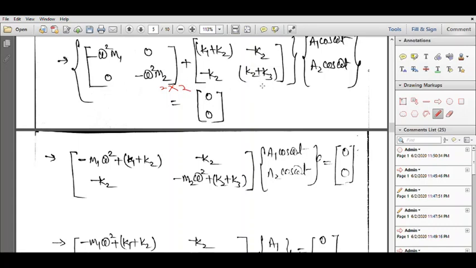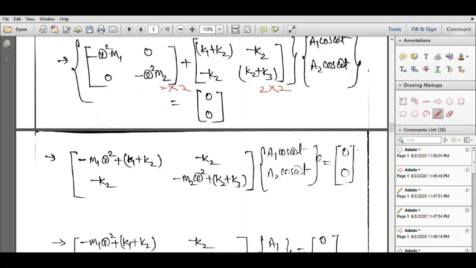The order of the stiffness matrix is also 2 cross 2. So I can add both the matrices, because there is a plus sign. If I want to add both the matrices, each element of the first matrix will be added to the corresponding element in the second matrix.